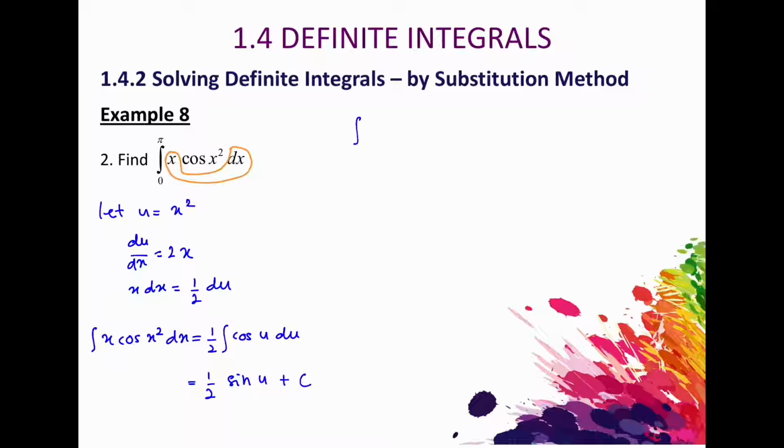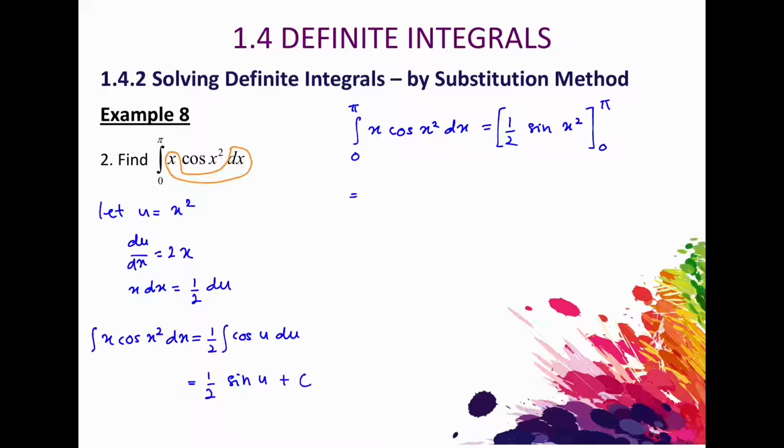So rewrite the original integral from 0 to pi. x cos x squared dx is equal to 1 over 2 sine x squared, and then we put the boundaries.